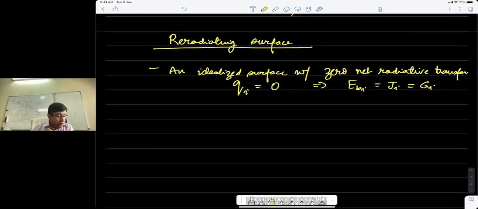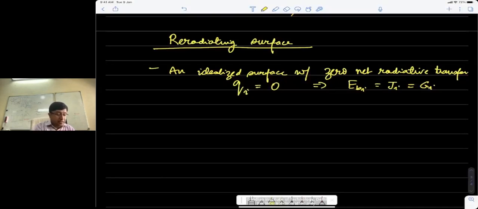So if I know GI, the irradiation on a re-radiating surface, then I can calculate the surface temperature, because EBI goes as T to the power 4. Or if I was given the temperature of that radiating surface, I can calculate the radiosity or irradiation incident on that surface.